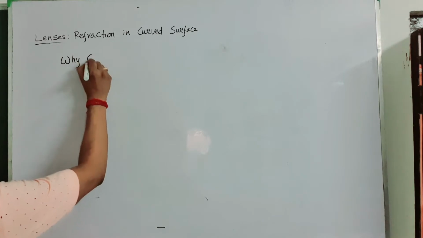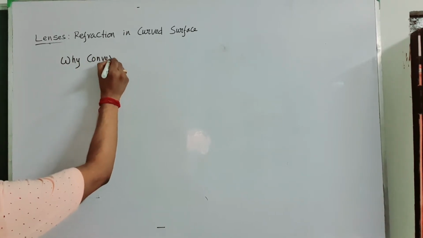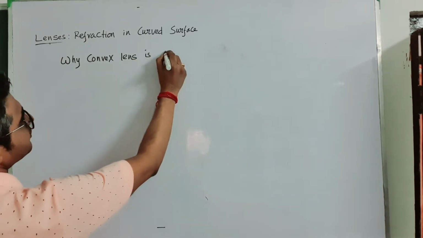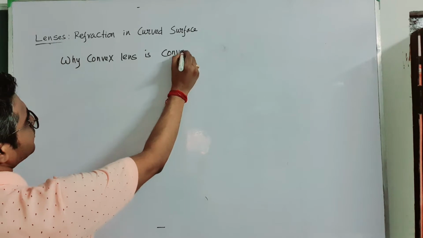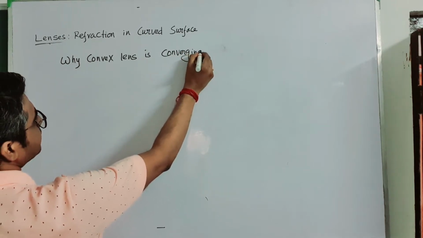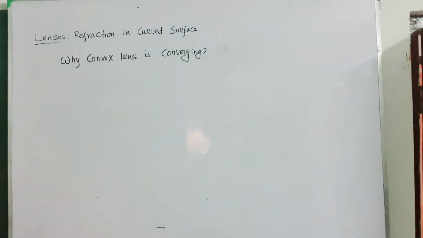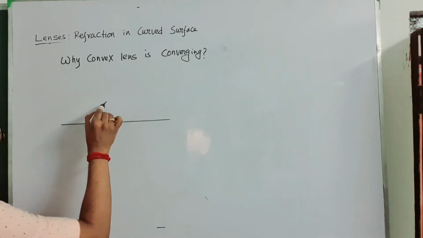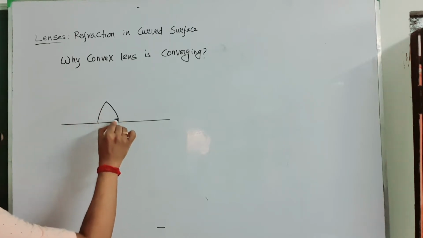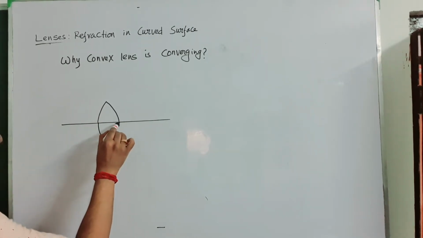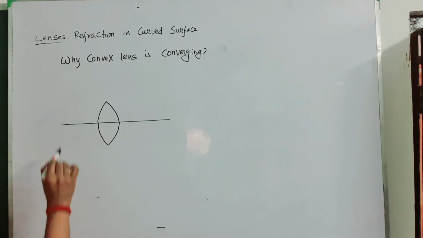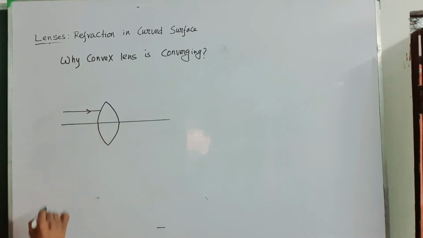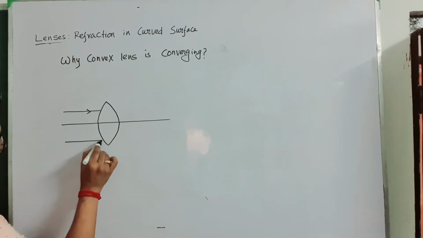Why is convex lens converging? This is a convex lens made of glass. So I am putting one ray. Here also I am putting another ray.